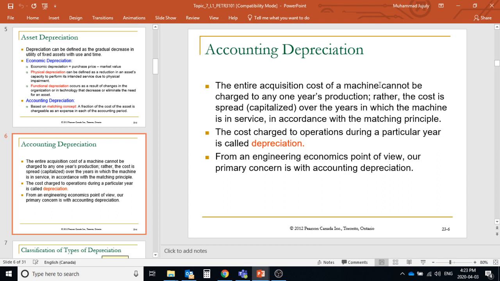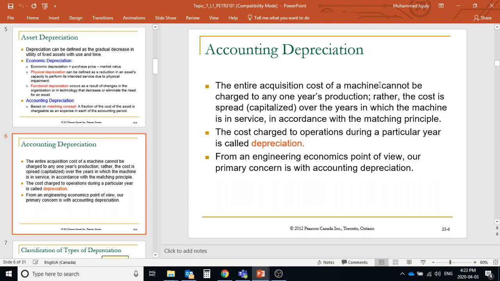So for instance, if the machine actually runs for 5 years, the cost is capitalized or spread around. This cost charged to the operation during a particular year, we call it depreciation. And that's what we call the accounting depreciation.